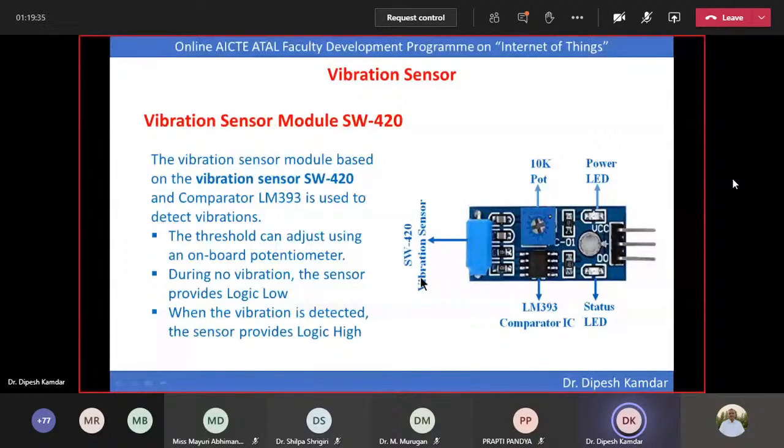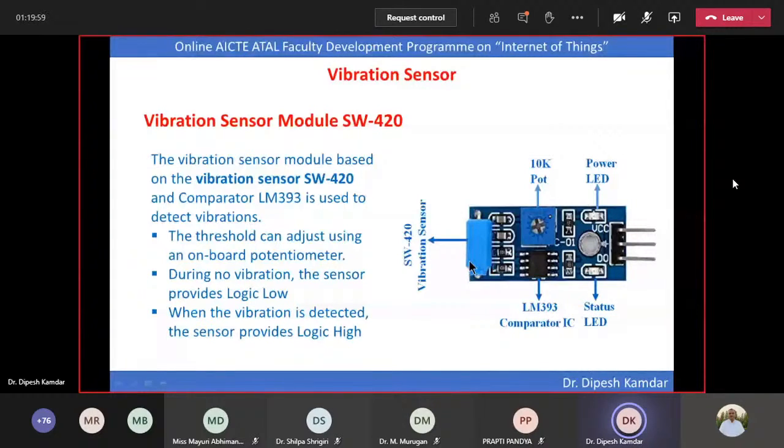Based on how much vibration we want to take the decision at, the LM393 comparator takes place. On the other side of this, there is a potentiometer to set the amount of vibration we want to set as the threshold, and here it will sense the vibration.